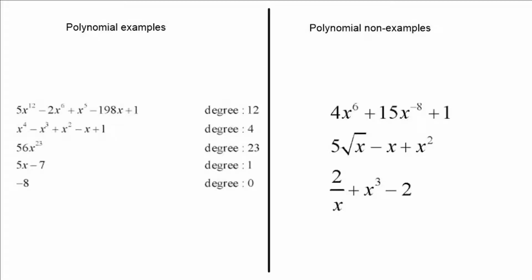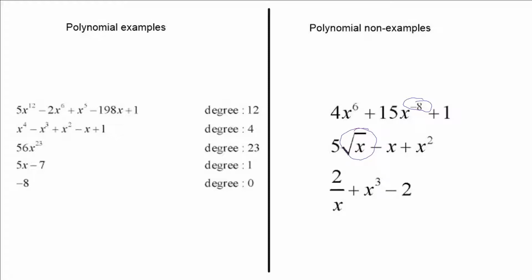Notice that all the polynomial examples on the left have no negative or fractional powers for each of its terms, whereas on the right, there are negative and fractional powers.